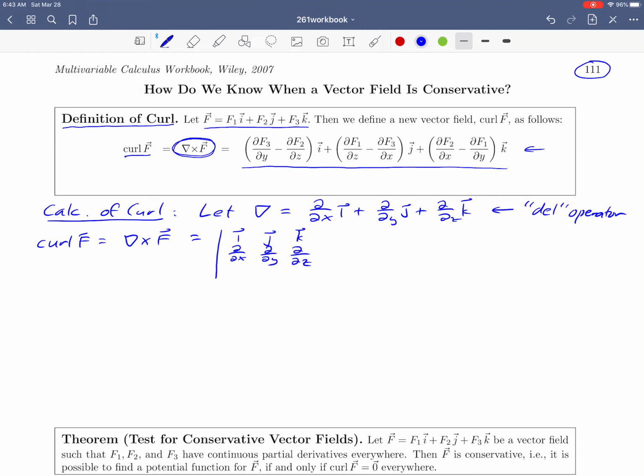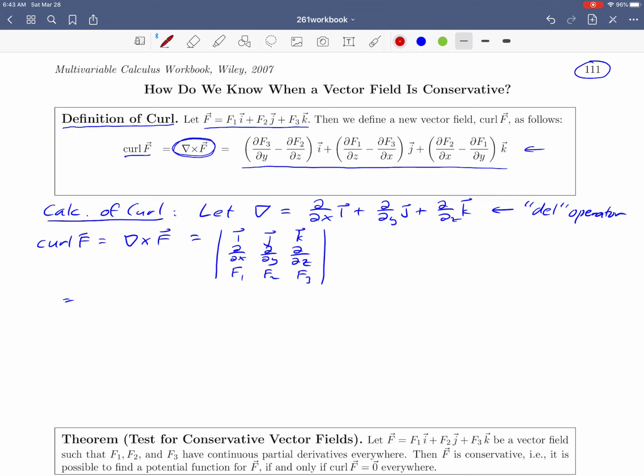The next row would be the components in our first vector, which is this del operator, so it's going to be a bunch of partial derivatives. And then the third row is just the components of f, which in the statement of this definition were given to be f1, f2, and f3.